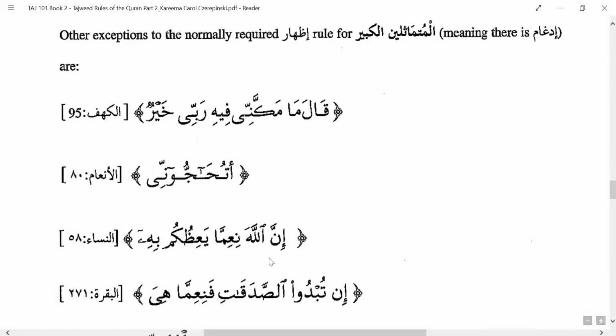Then here is Surah An-Nisa, ayah number 58. Inna Allah ni'imma ya'idukum bih. Here again the meem, over here meem shadda. Here you're going to do gunna.